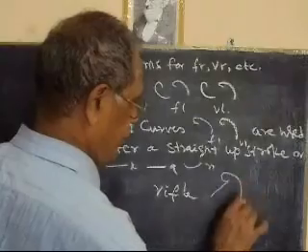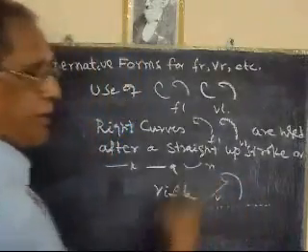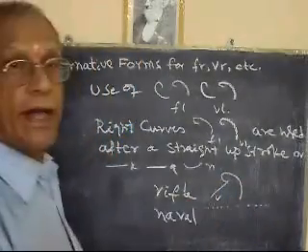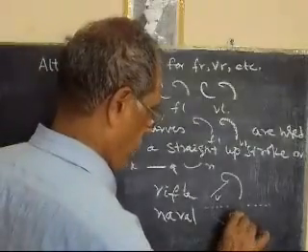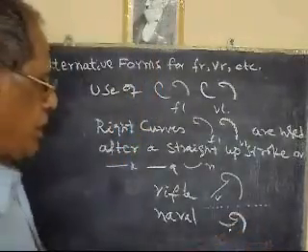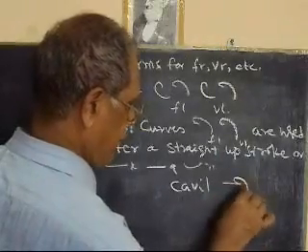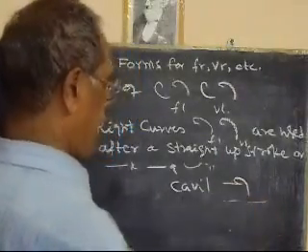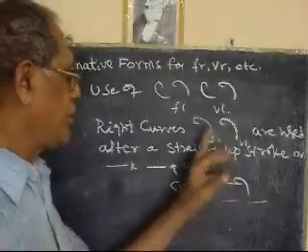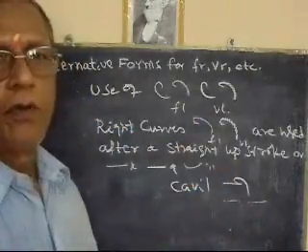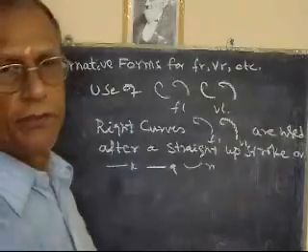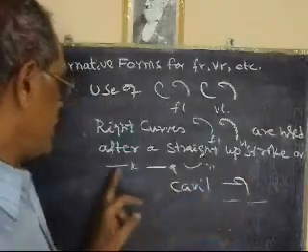Rifle, see, rifle, straight upstroke. Cavil, like that. Right curves are used after a straight upstroke or horizontals K, A, N.